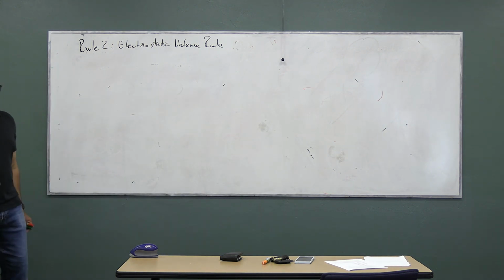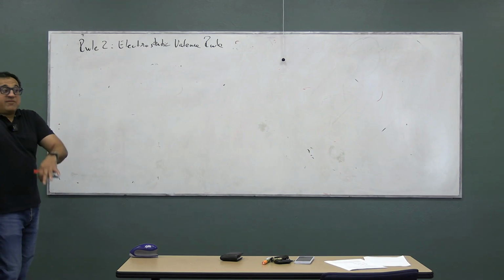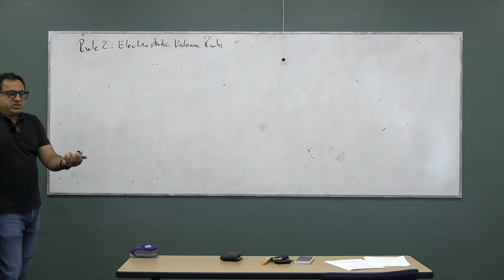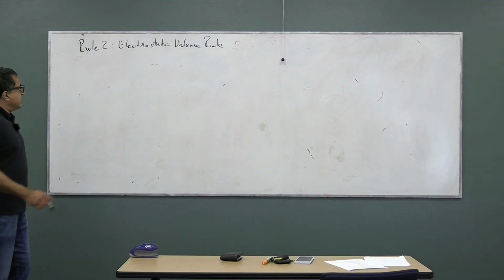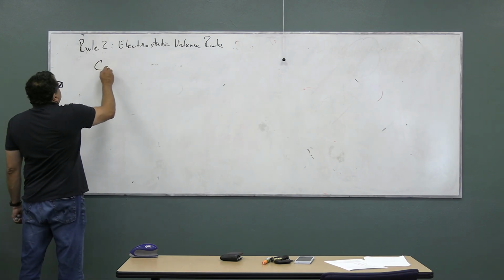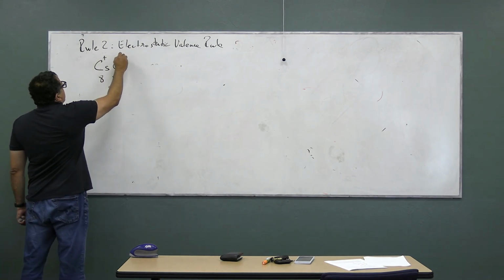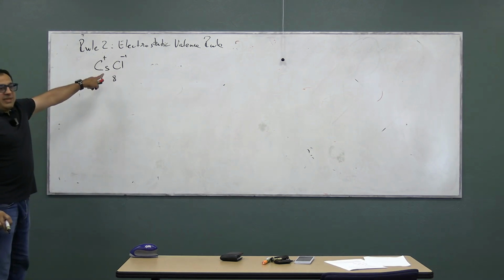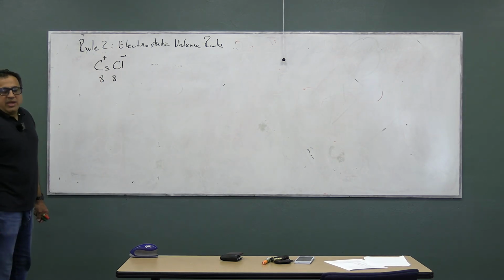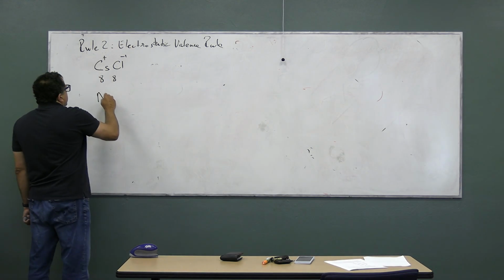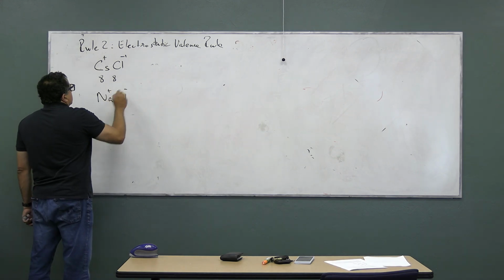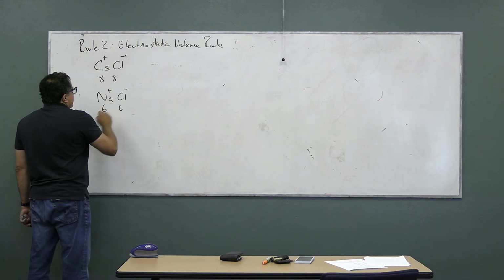Let's take some simple structures. Because I haven't taught you the structures, I'm going to tell you in advance what those structures look like. Cesium chloride is 8-8 coordination, and cesium's +1, chloride's -1. Cesium has 8 neighbors, chloride has 8 neighbors. Sodium chloride is 6-6.